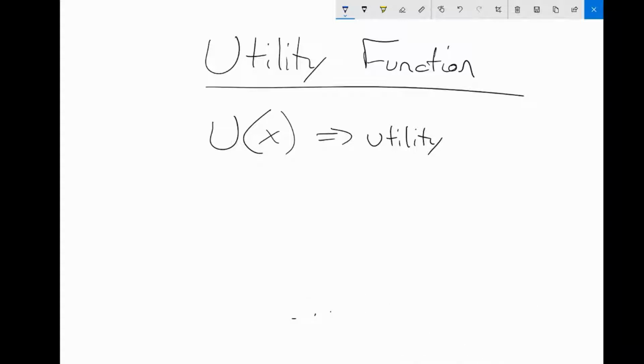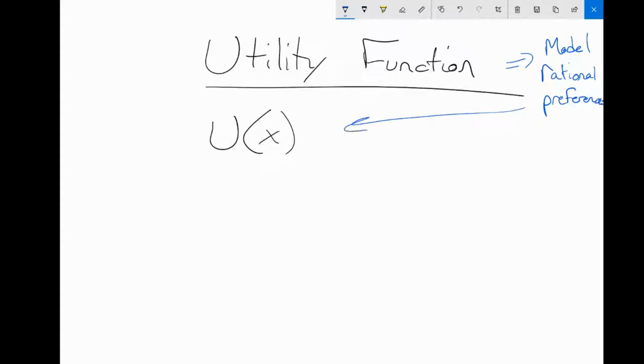Right now, just to be clear, utility functions model rational preferences. And based on what we know about rational preferences, we want to be able to define a utility function that correctly models the rational preferences.